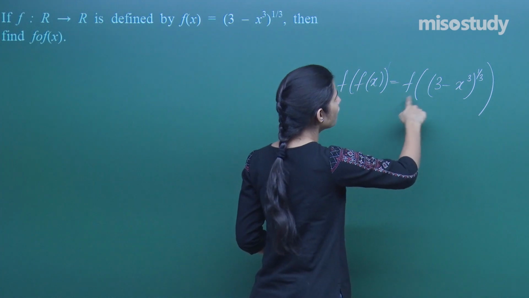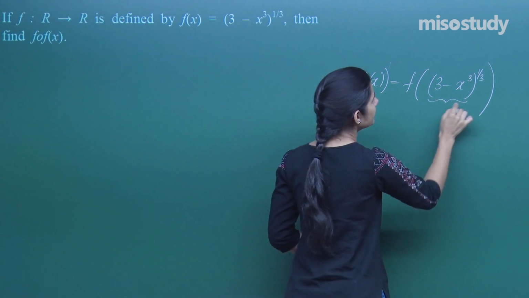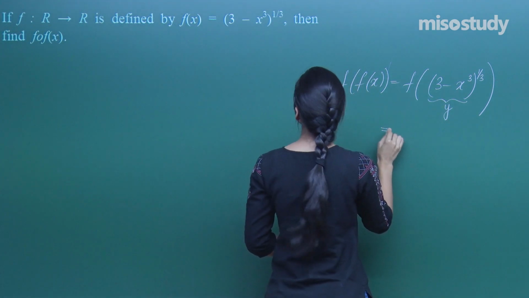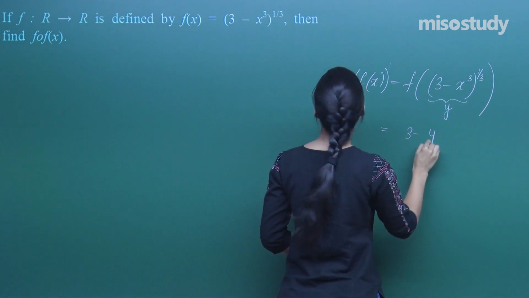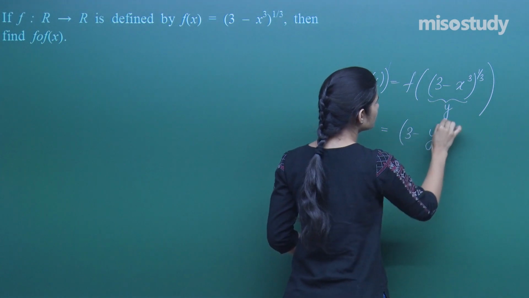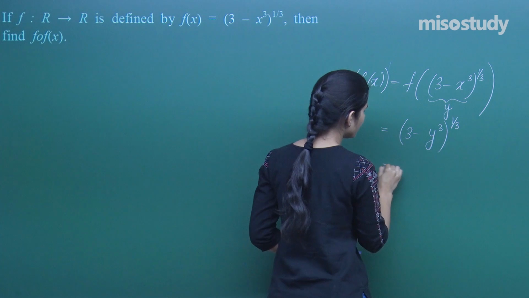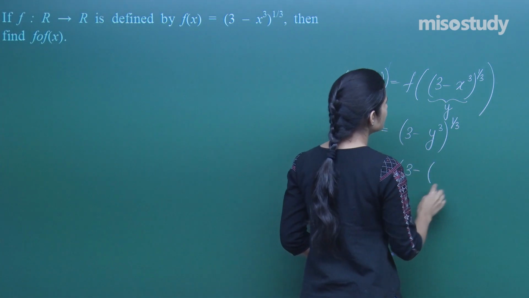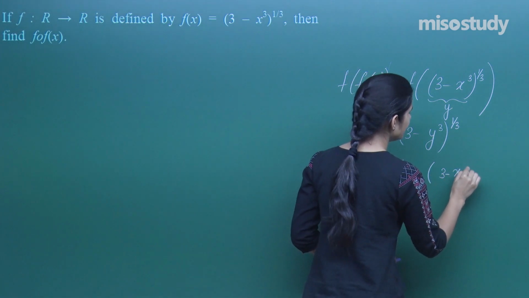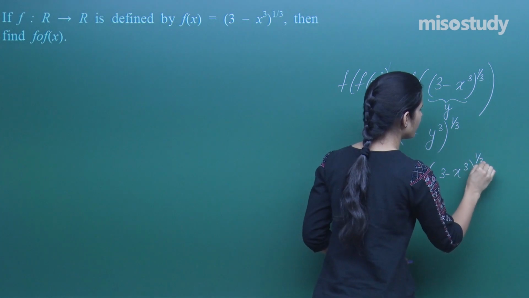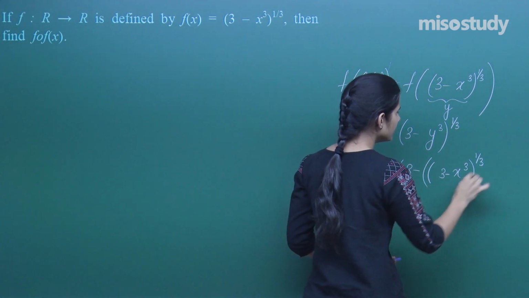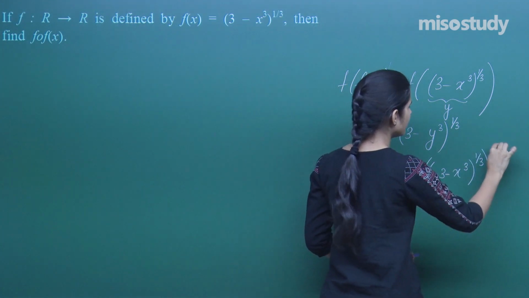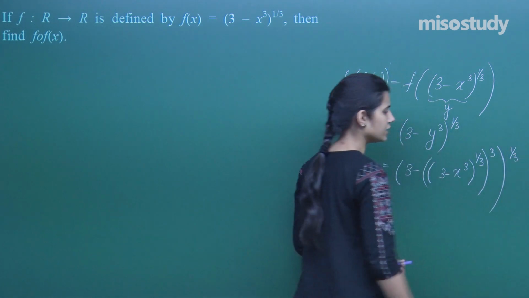Now f of this quantity, if you take it as y, f of y is what? (3 minus y cube) whole to the power 1 by 3. Now replace it. y is what? (3 minus x cube) whole to the power 1 by 3. This is y cube. It's the cube you need to take and then the whole to the power 1 by 3.